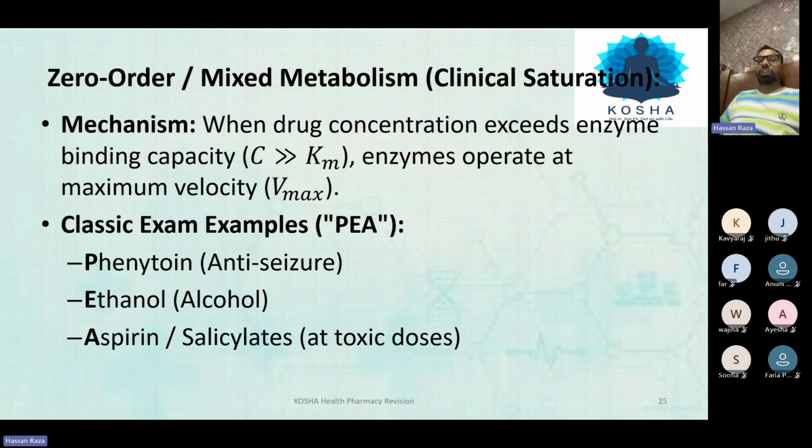These drugs follow zero order kinetics because the concentration of drug is more than the enzyme present in our liver. You can memorize it this way: whenever the enzyme gets saturated for any drug, it will follow zero order kinetics. So for phenytoin, ethanol, and aspirin, the quantity of enzyme in our liver is less and the concentration of drug is more, therefore they follow zero order kinetics.